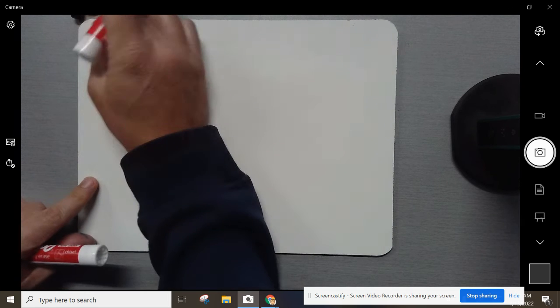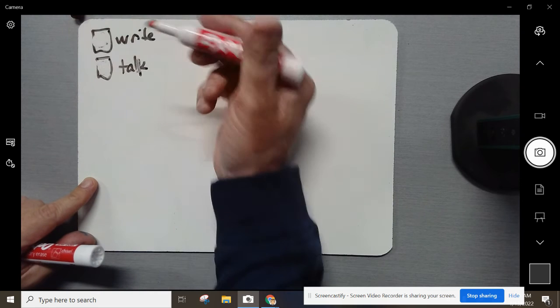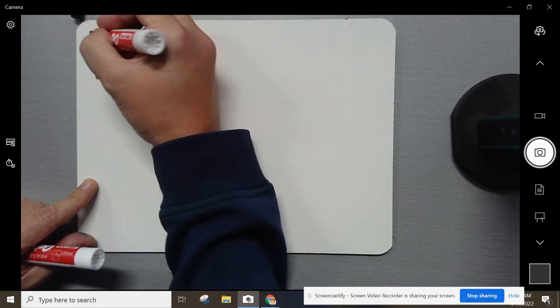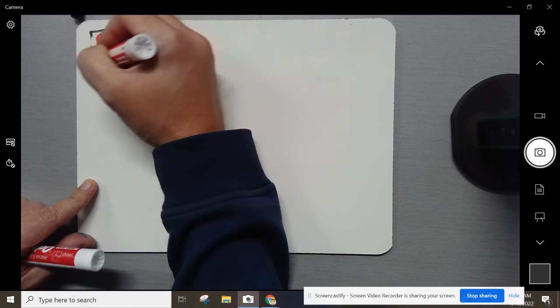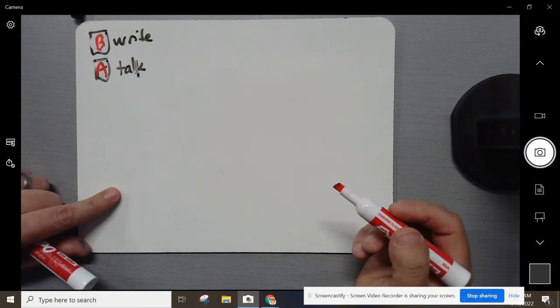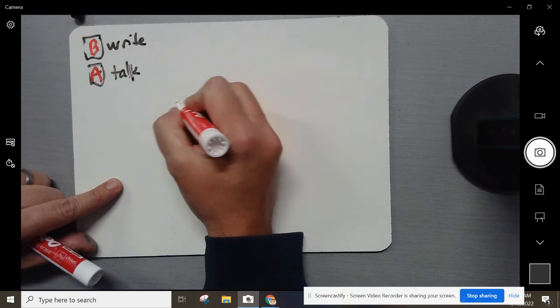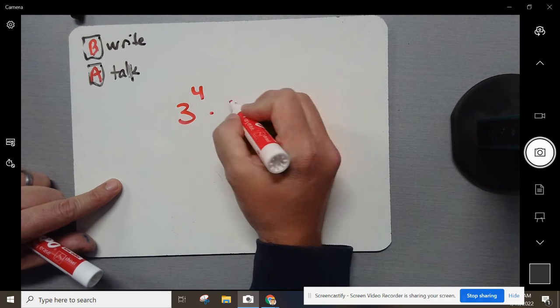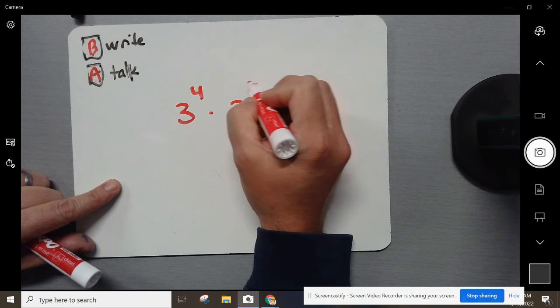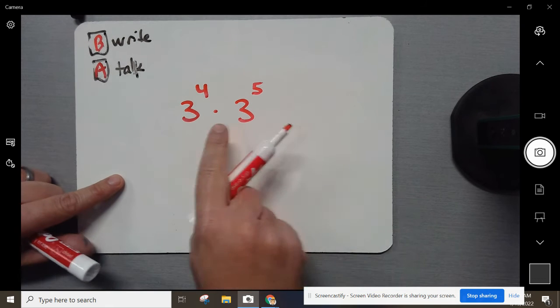All right, so flip it up. Was it B? We got that. Here we go. Now we're going to make sure I have it on here. 3 to the 4th times 3 to the 5th, which doesn't seem difficult at all.